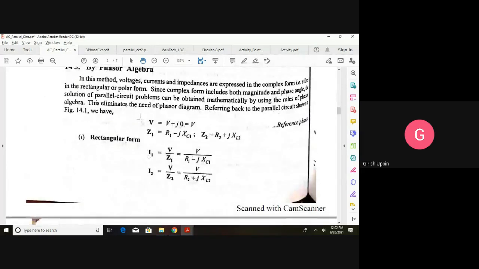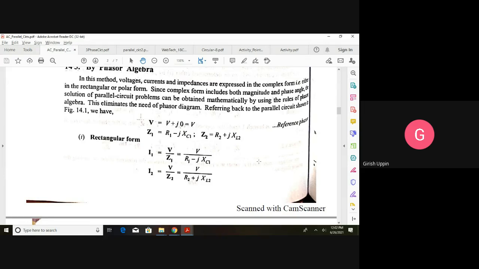So I1 is equal to V by Z1, and if you know the value of R and XL, you can do this complex number calculation on your calci. What we will do is give the value of the voltage, divided by, inside the round brackets, the real value of the resistance, then minus the complex number sign i, which is there in all your calci.